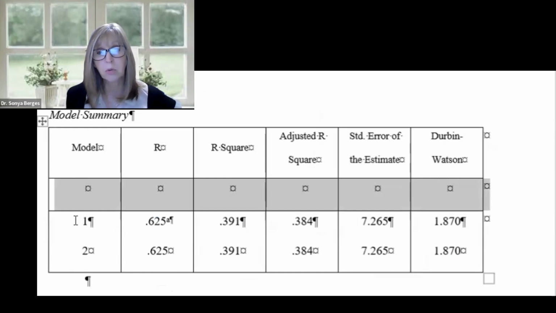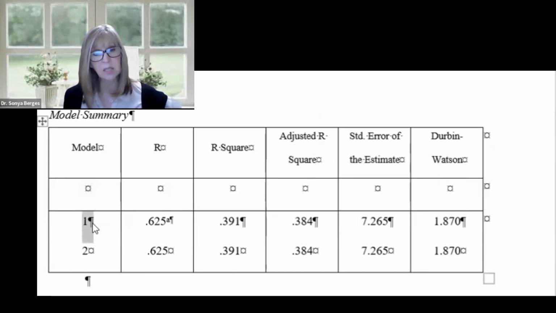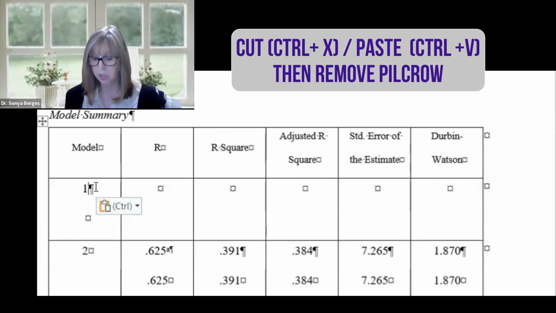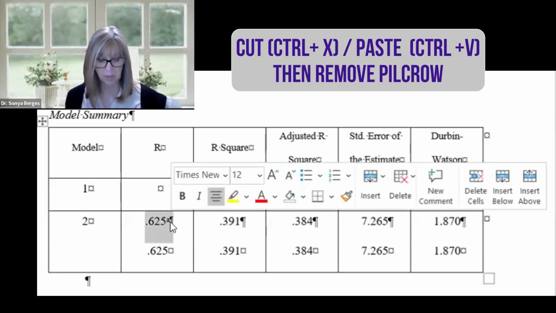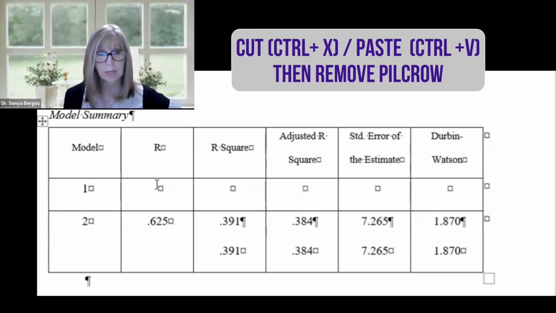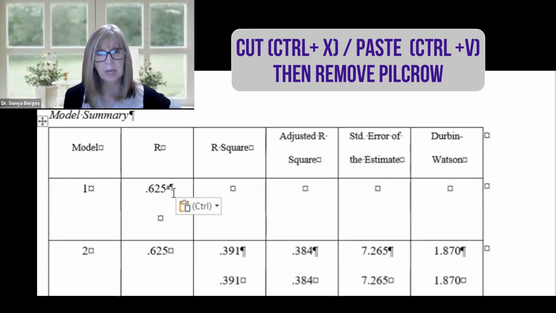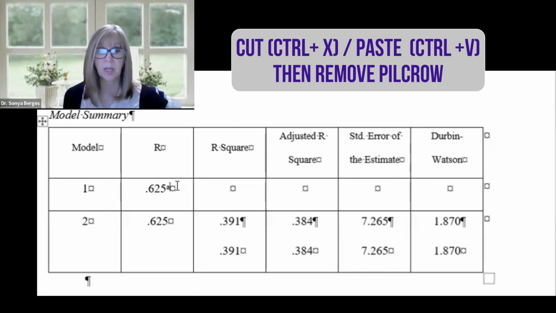And now what you do is you go ahead and you copy, or in this case, since it's very straightforward, I'm going to go ahead and use the cut feature, and I'm going to put that information up in the top row by simply using the paste feature. So I'm going to cut it and then paste it. And what you can't see is that I'm pressing Control X and Control V on my computer keyboard.